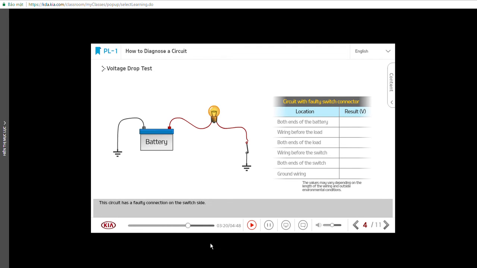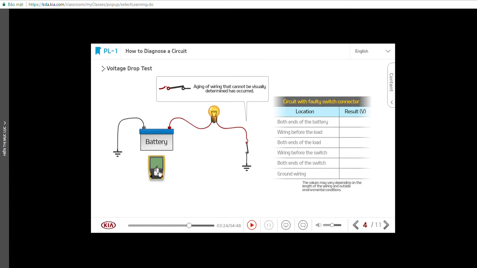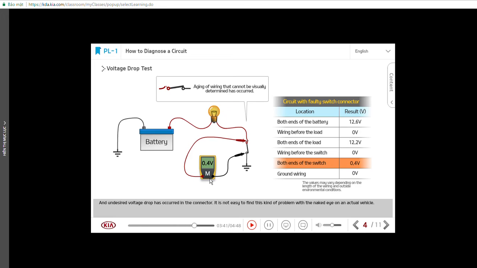This circuit has a faulty connection on the switch side. An undesired voltage drop has occurred in the connector.